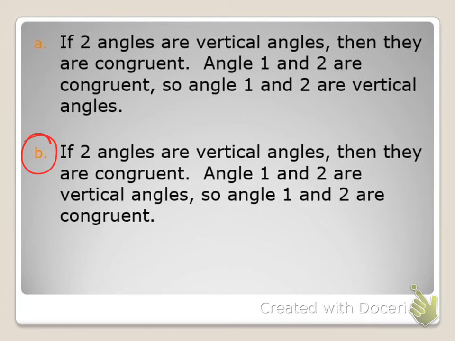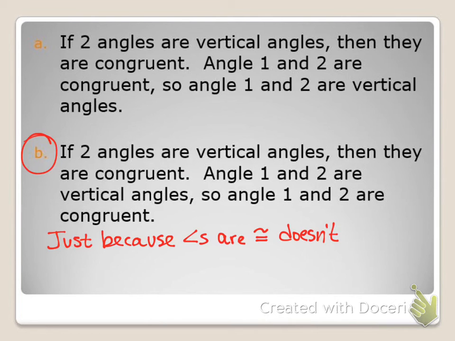So our explanation would be that just because angles are congruent does not mean that they have to be vertical. But vertical angles must be congruent.